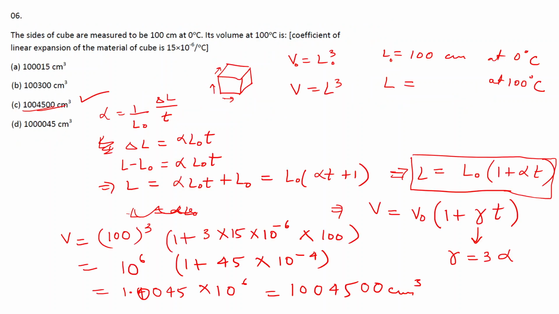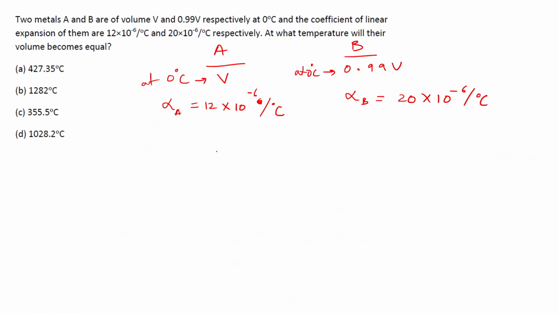Again, first I want to use this formula directly, it will be better here. So expansion will be 1 plus gamma T. Since we are talking about volume, the relation between alpha and gamma is needed. Two metals, what is the shape of this body?